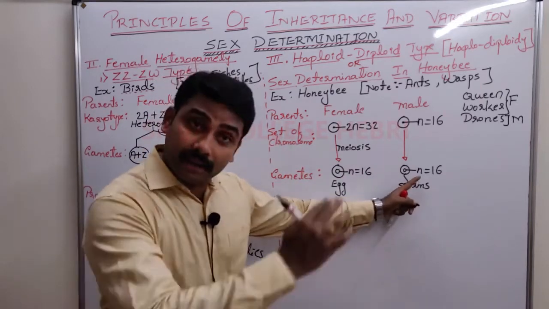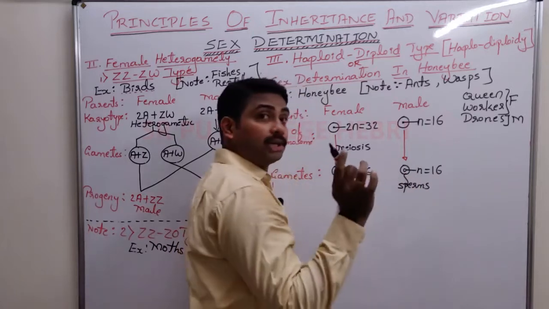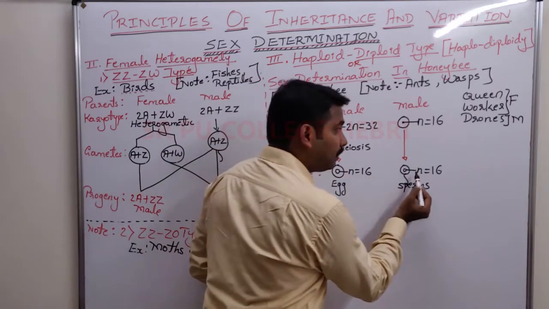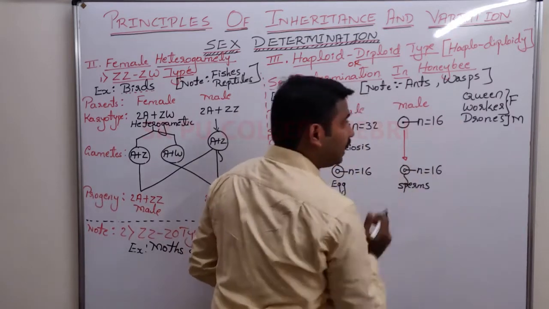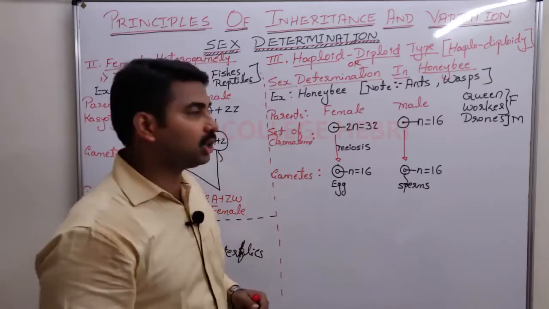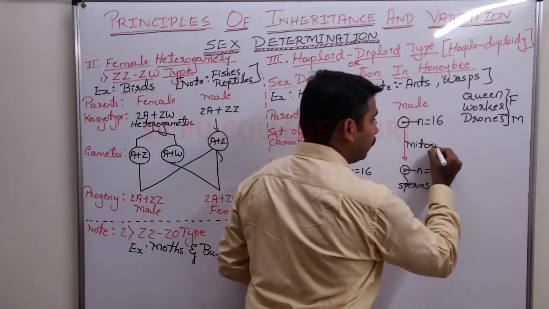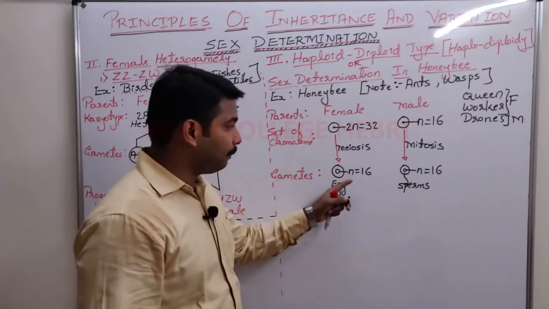You cannot write n/2 here. Gametes should always be in haploid condition. The sperm formed by the male is haploid. There is no reduction. It is equational division, a unique phenomenon where the male produces sperm by mitosis, and the female produces egg by meiosis.